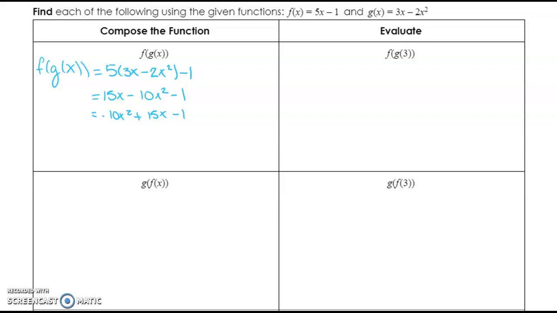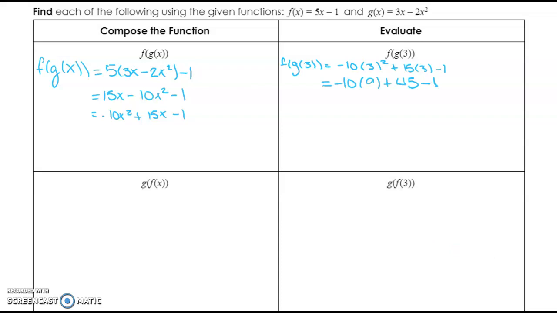So now what we want to do is evaluate f of g of x at x equals 3. So now in place of every x, we are going to substitute in a 3. Okay, so if we do that, we will get negative 10 in parentheses 3 squared plus 15 times 3 minus 1.